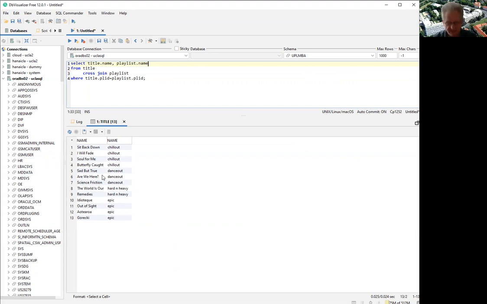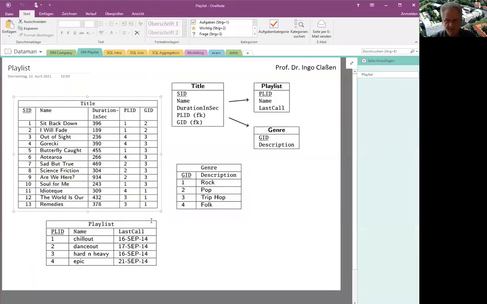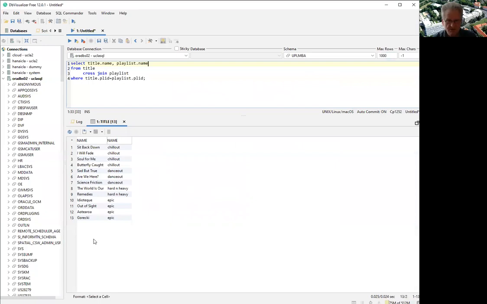Within the database, everything is non-redundant. Chill out is only one time here, not many times. But using SQL, we can reconstruct our Excel sheets in some sense.